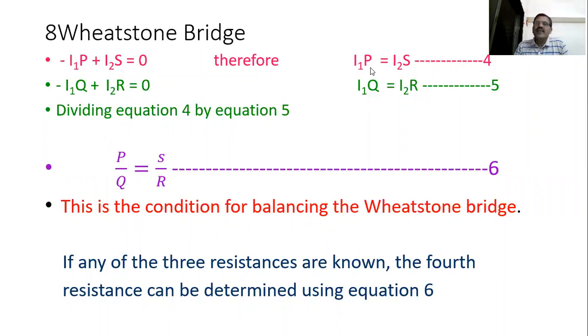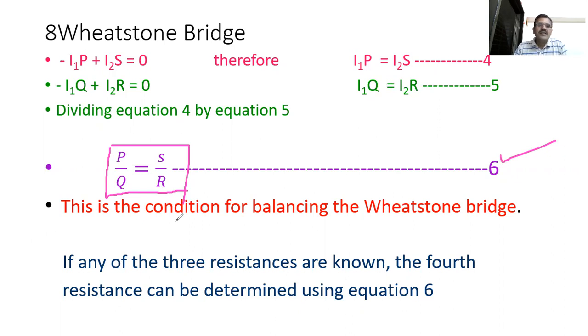Now, let's divide equation 4 by equation 5. This I1 will cancel with this I1, and I2 will cancel with I2, and we get P divided by Q is equal to S divided by R. Suppose this is equation 6.